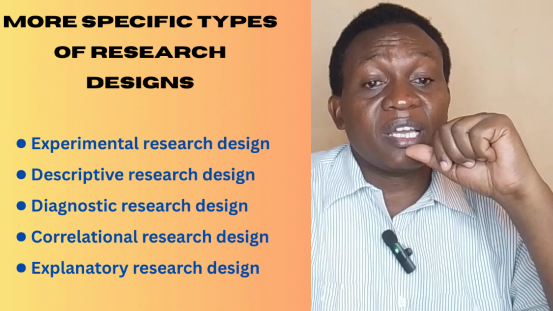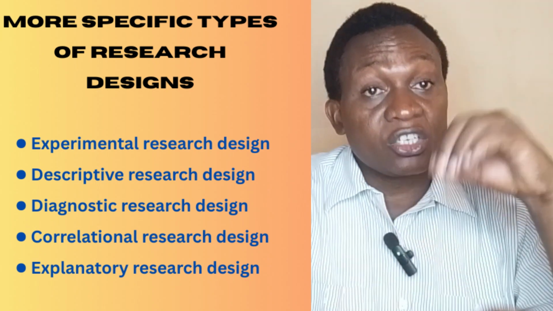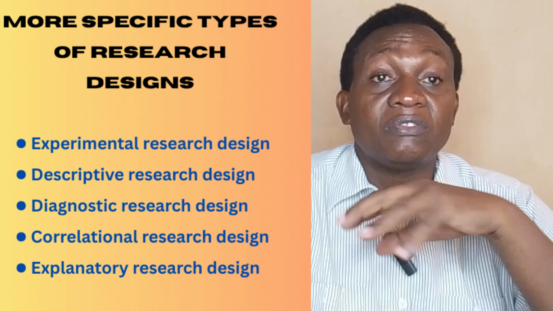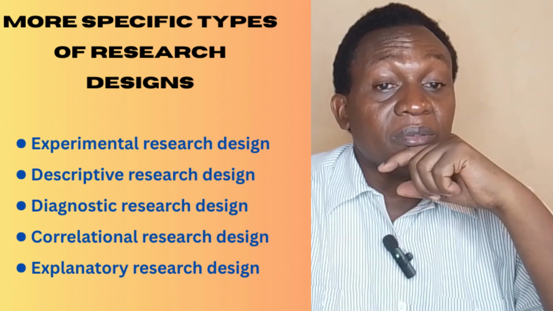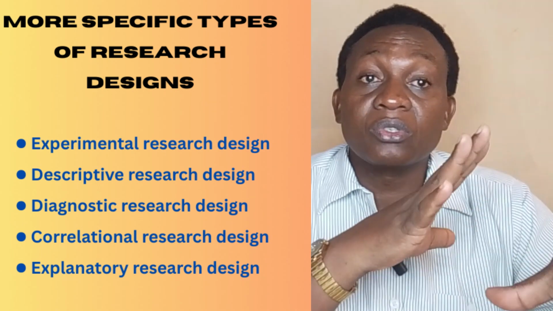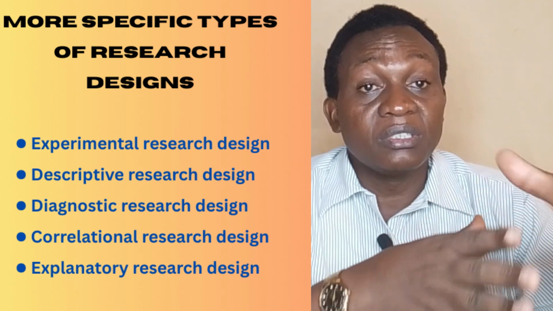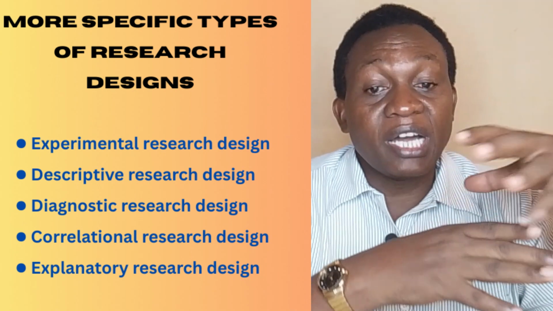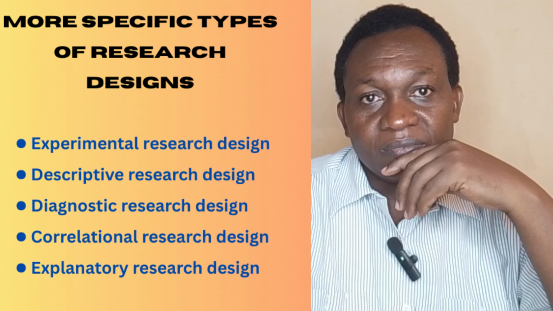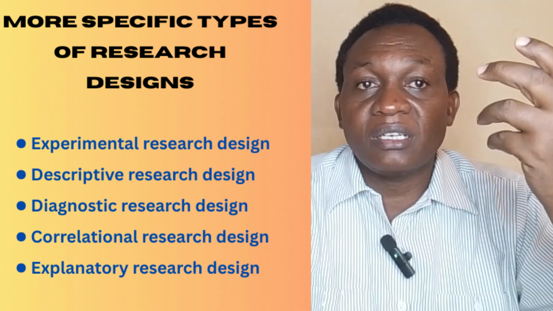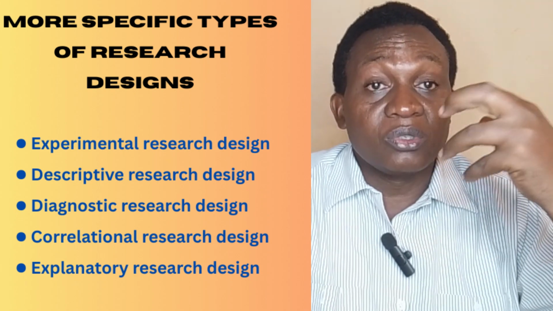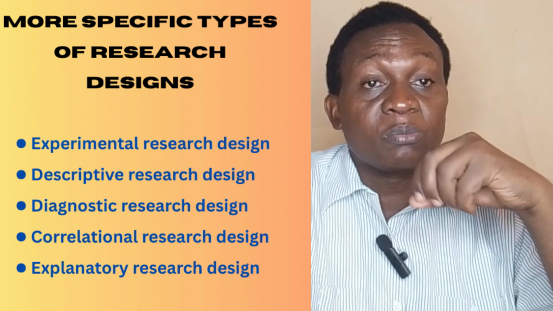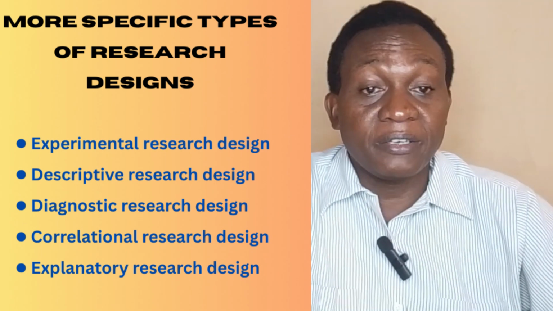This research design measures the relationship between variables, and it has a dependent and an independent variable. It can use quantitative or qualitative data when you're doing an experiment. You find it mostly in biology, chemistry, medicine; they tend to use experimental research design.